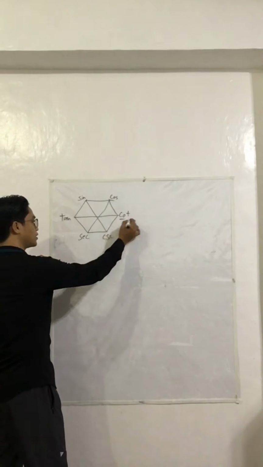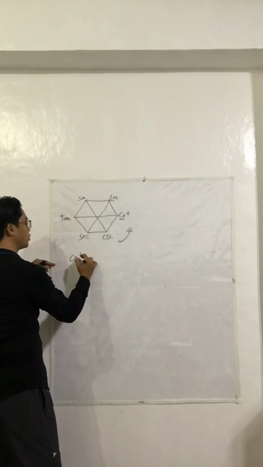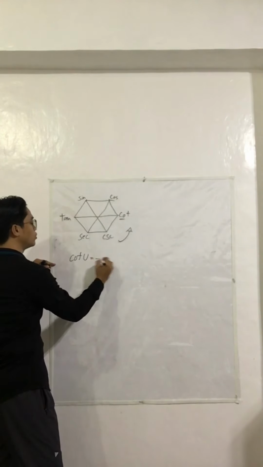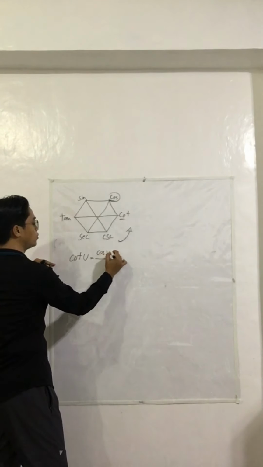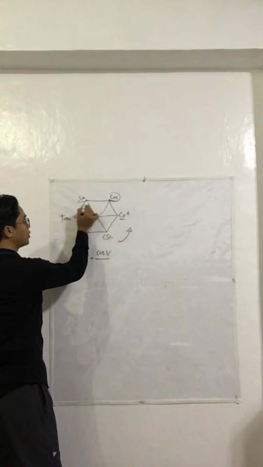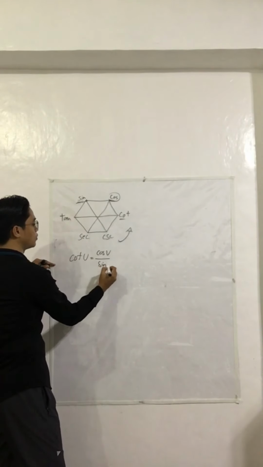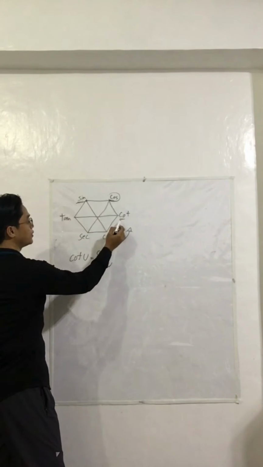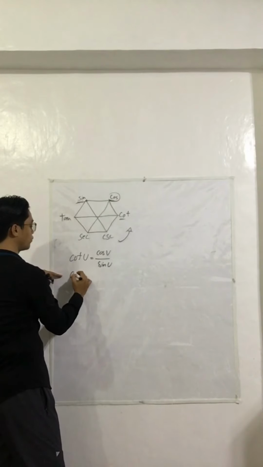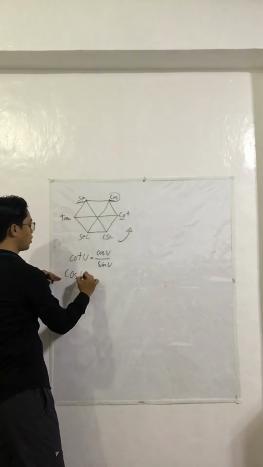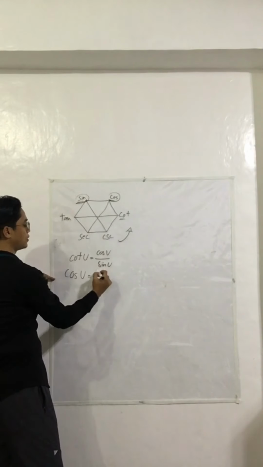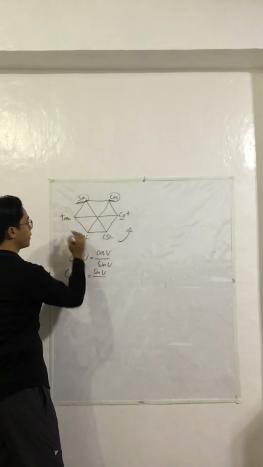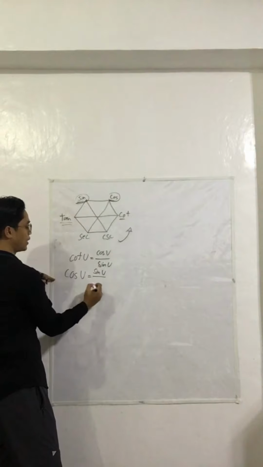So dito tayo mag-start sa cotangent. Cotangent u is equal to cosine u over sine u. And then sa cosine naman, cosine u is equal to sine u over tangent u.